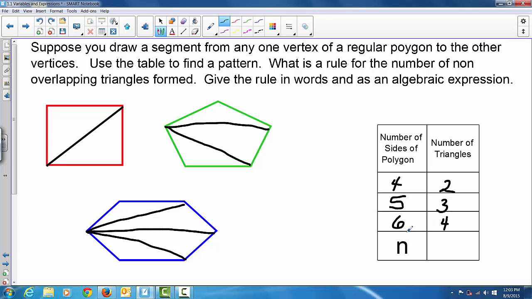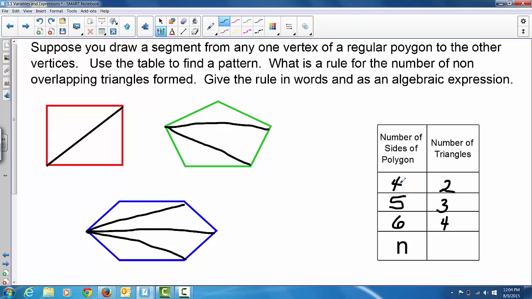Alright, now the question is, give a rule in words and use it as an algebraic expression. What is the rule for the number of non-overlapping triangles formed? If I have 4 sides, I form 2 triangles. If I have 5 sides, I form 3 triangles. If I have 6 sides, I form 4 triangles. If I have n sides, that means any number of sides, how would I figure out what the number of triangles was?